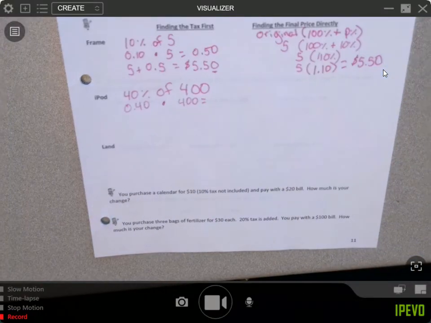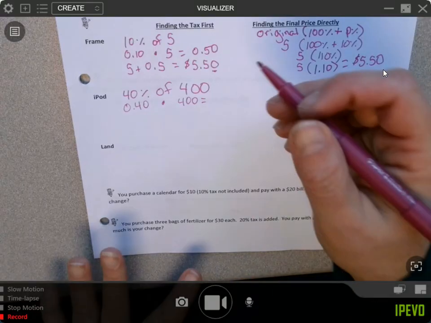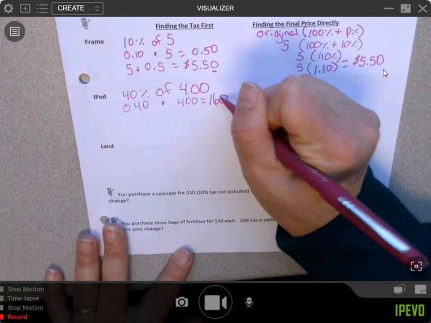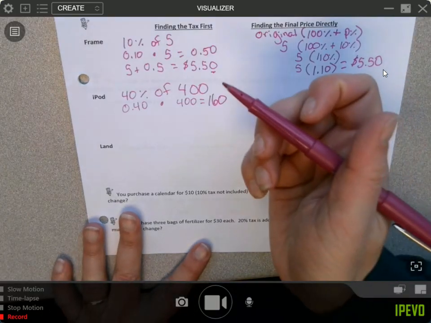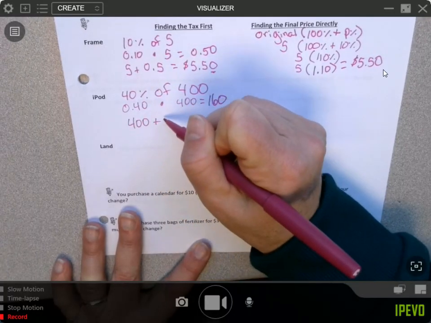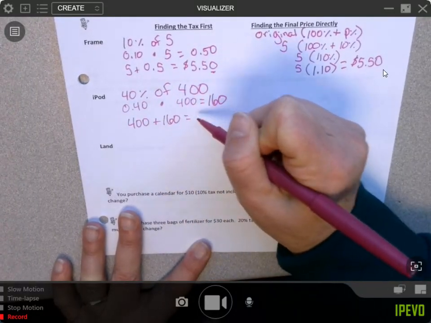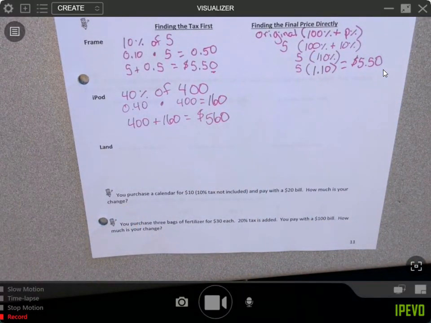So what is 0.40 times 400? Kylie? 160. What do I do next? Liam? Yeah, I'm going to take that 400 plus that 160, and I get $560 with that tax on it.